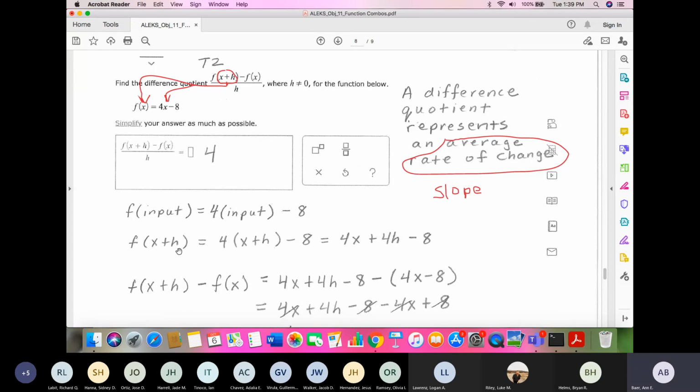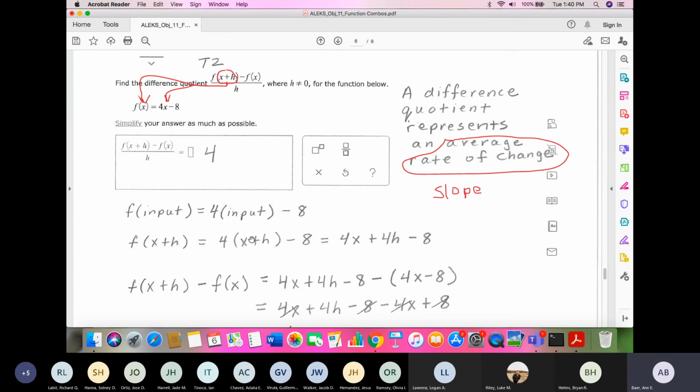How do we find f of x plus h? Well, our f function, we already wrote out with the word input in it. Our input now is this x plus h. What's inside the parentheses now is x plus h. So we want to take this x plus h and plug it in for the word input. When we do that, we get 4 times our input, which is x plus h.